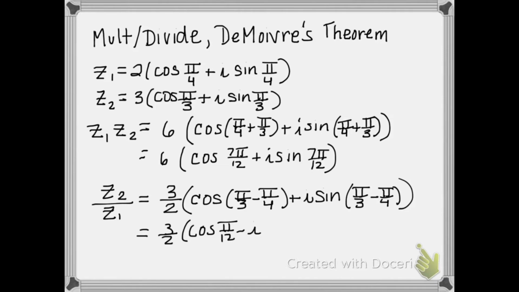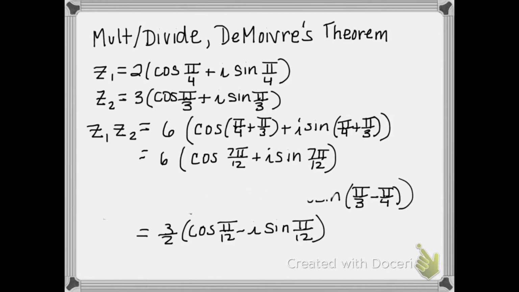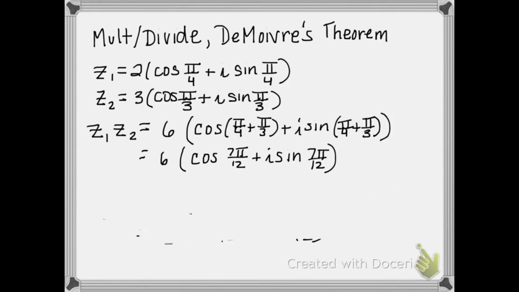Okay, then we'll go to DeMoivre's theorem. Up here, you see, we're going to recall that DeMoivre's theorem here. And what is that? Let me erase this, so I can set up for DeMoivre's theorem, and that's going to be z1 to the 4th power.